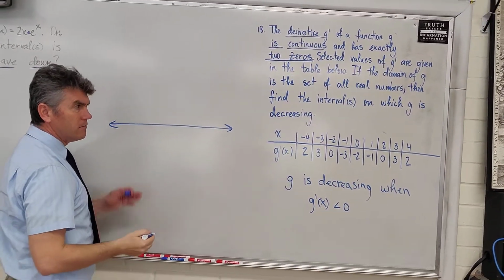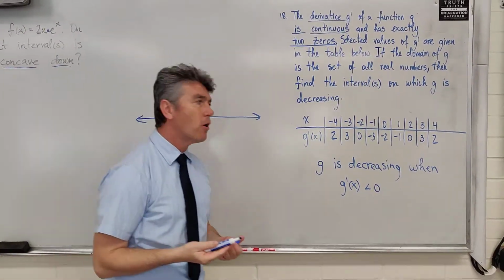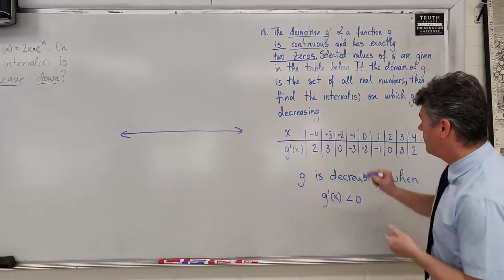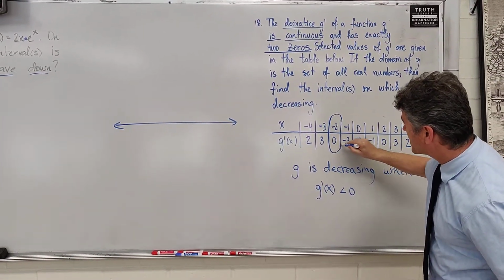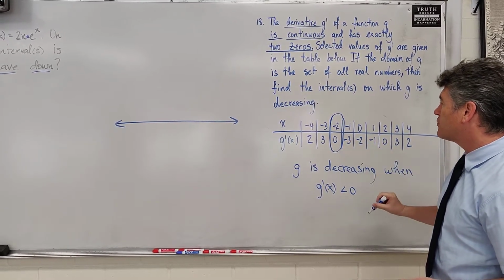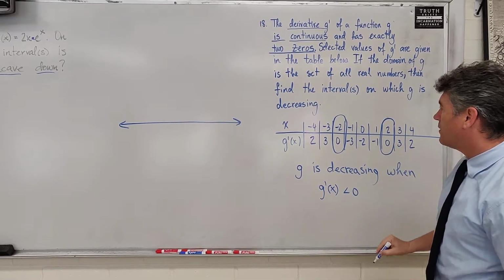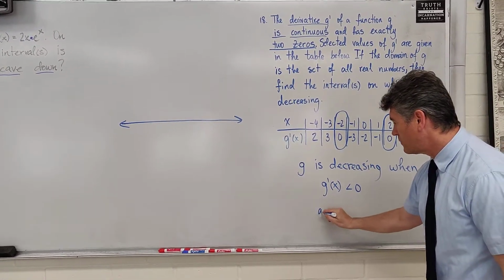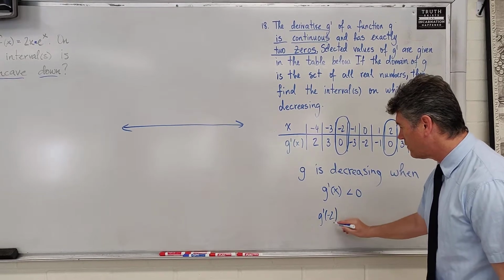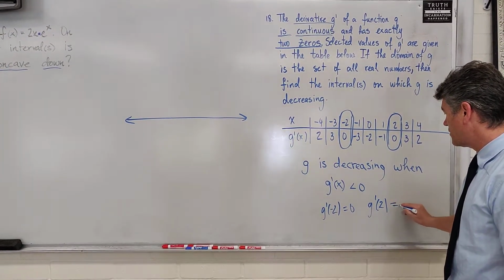On the number line, we're going to start with the zeros. So we notice that g prime of negative 2 is equal to 0, and g prime of 2 is also equal to 0.